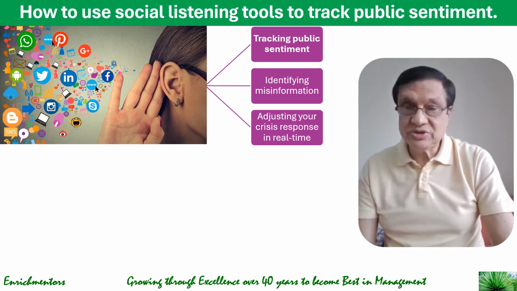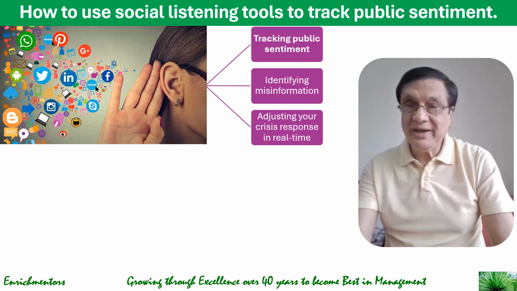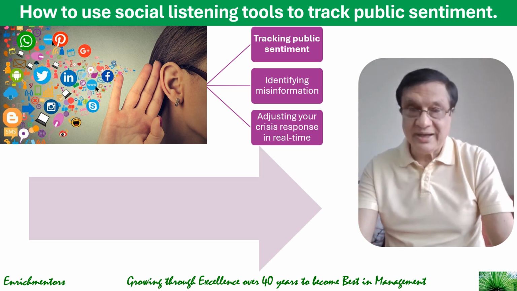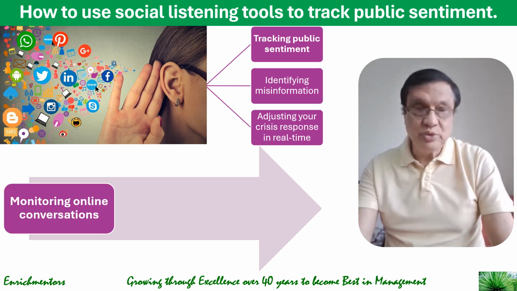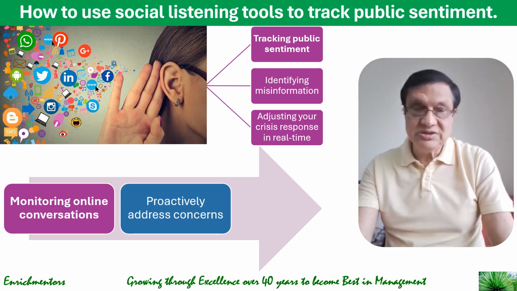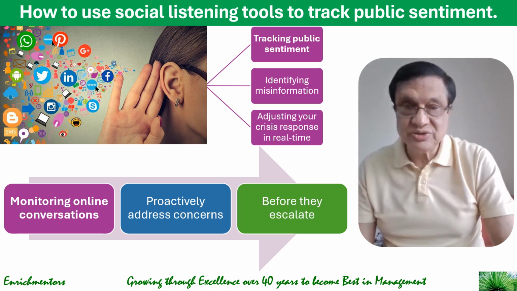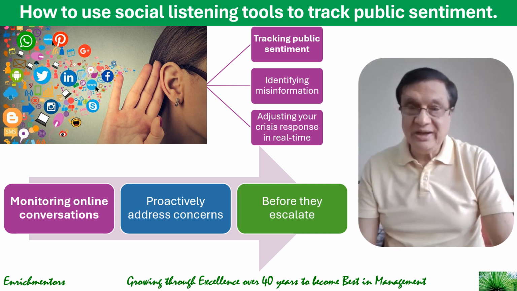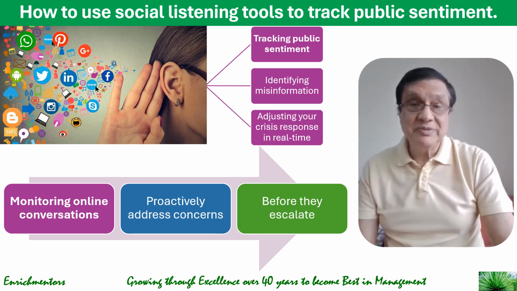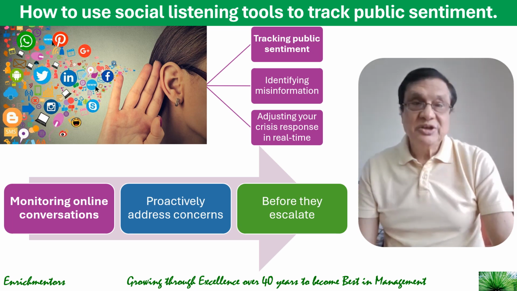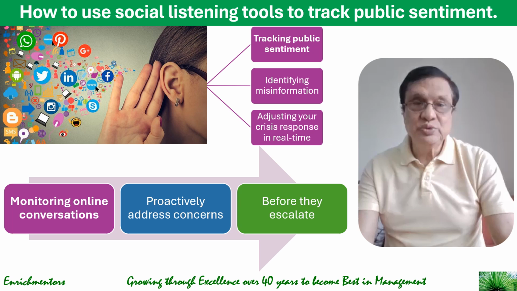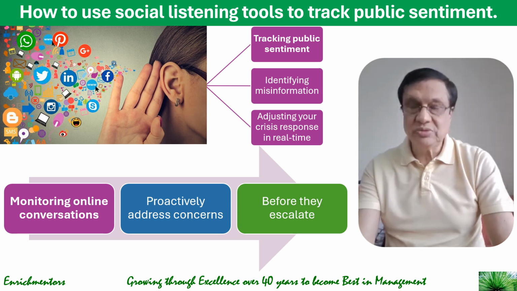What is the response to your response? And by monitoring online conversations, you can proactively address concerns before they escalate. So, as an organization, you can monitor them well in time before they become even bigger. So, that's the importance of using social listening tools to track public sentiment.